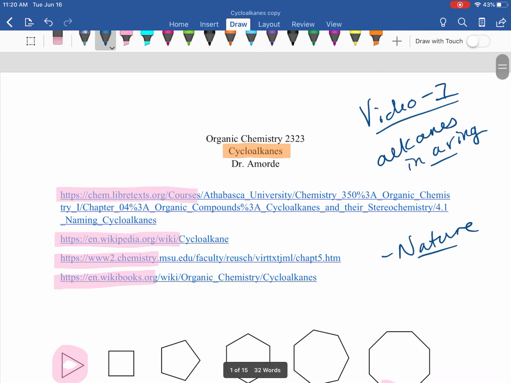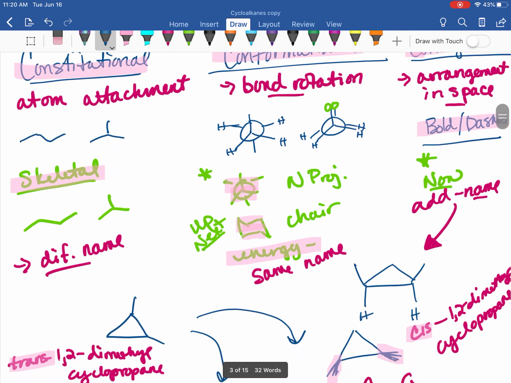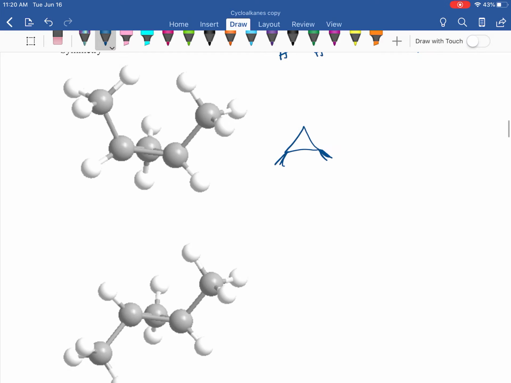So I've got both the cis and the trans for our cyclopropane here. We've got our cis, and we've got our trans. Let me draw that better.